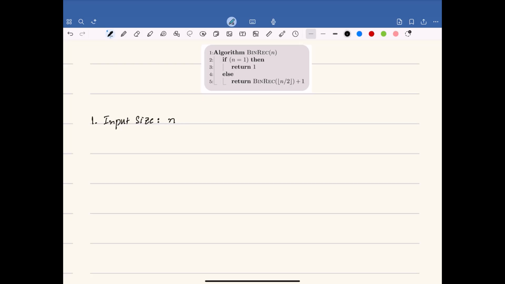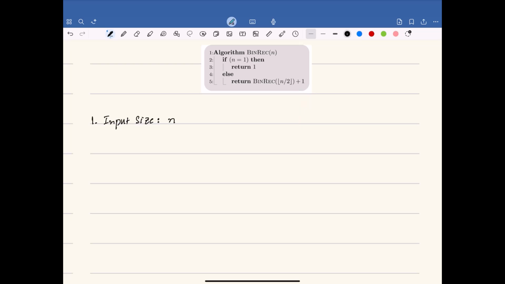The next step is determining the basic operation. To identify it, you need to look for the operation that is repeated most frequently and has the highest execution time. In this algorithm, there is one comparison operation in the base case, one shift operation dividing n by 2, and one addition operation adding 1 to the result of the recursive call.